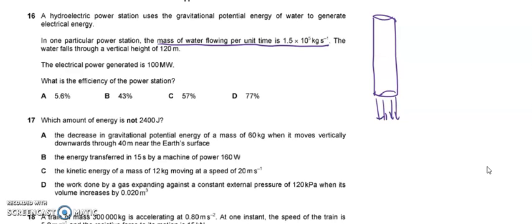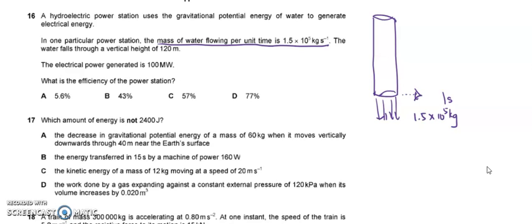Every 1 second, if we were able to measure the mass of the water flowing through, it is equivalent to 1.5 times 10 to the power of 5 kilogram. So that is what it means by the rate of flow of the water.